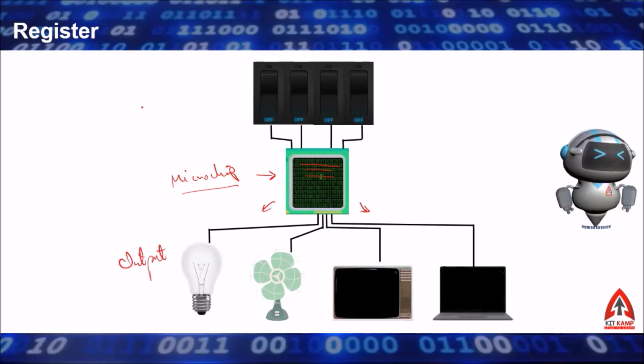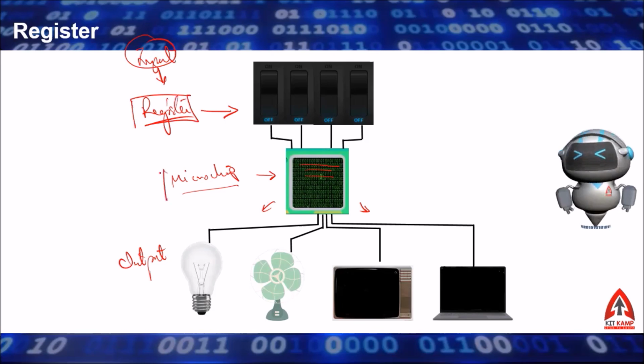But we need a register which can store the information which needs to be processed from any input device. It can be your remote control car, keyboard, joystick, whatever. From the input, it's going to store the instructions in this register, and it's going to check those instructions from the microchip or the microprocessor. If those values are available, then it's going to give you the required result.